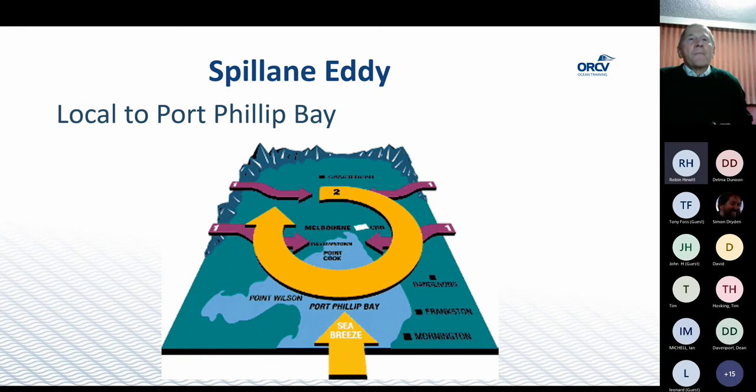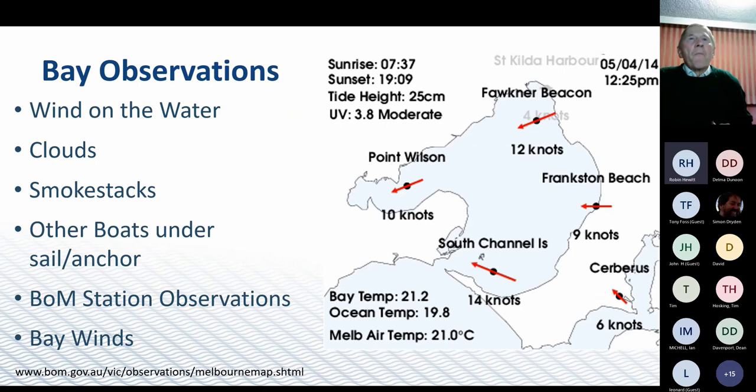And then on the website, this is for observations if you're in a around the bay race, or perhaps you're assisting on a race management boat. These are some of the things you can look for. The actual wind on the water: if you look at the Beaufort scale, you can tell the strength of the wind and where the disturbance on the water is. Watch all the boats that are going the wrong way.